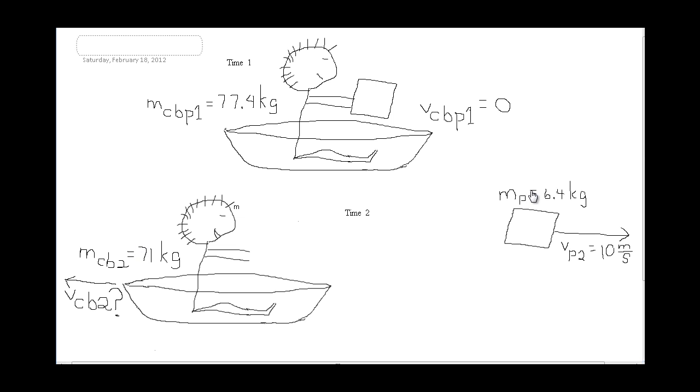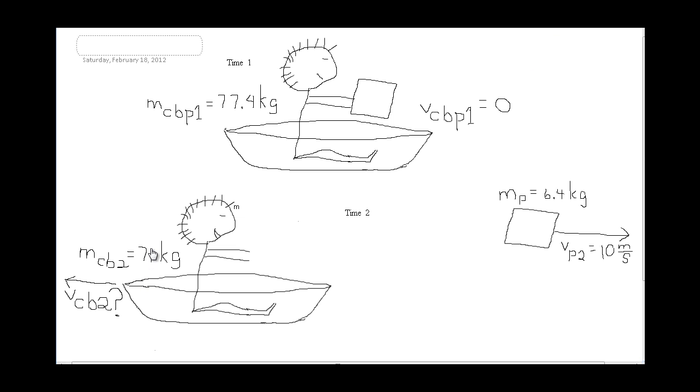So as long as we're ignoring water resistance, then there are no outside forces on the child with the boat and the package, other than the slight unbalanced force of gravity on the package itself. That's a small enough force that we should be able to neglect it.